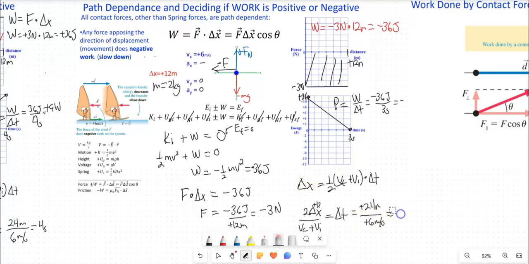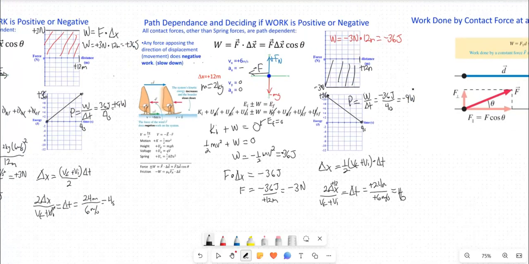How did I get 3 there? 24 divided by 6 is not 3, Jim. That is 4 seconds. So this is negative 9 watts. So by doing these tutorials, you're going to get a good review of basically Physics 111 and integrating in Physics 112. Okay?